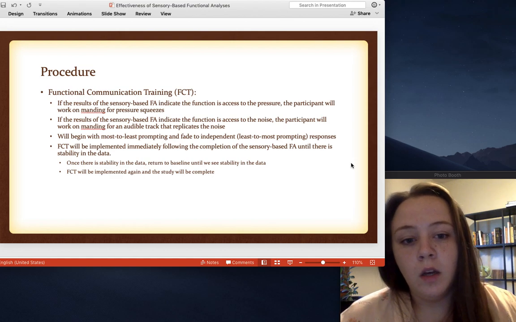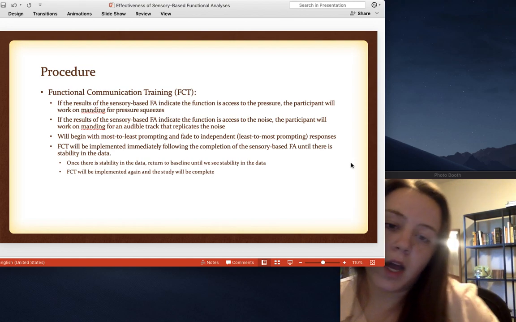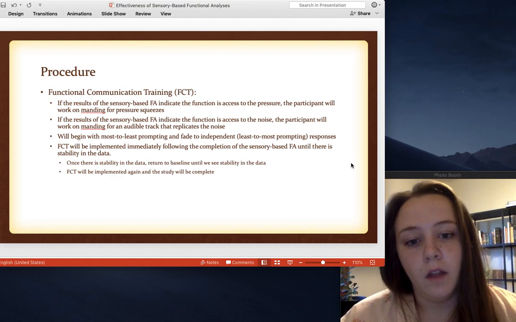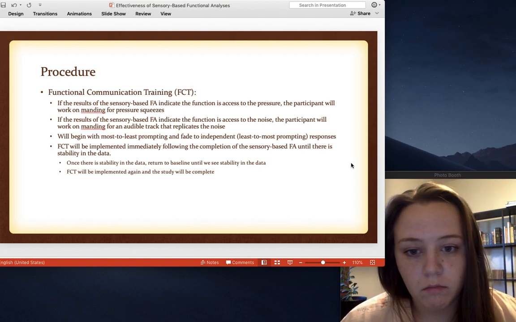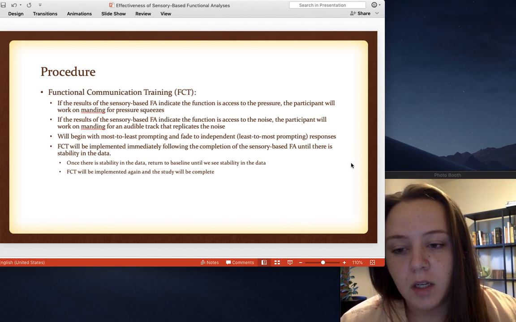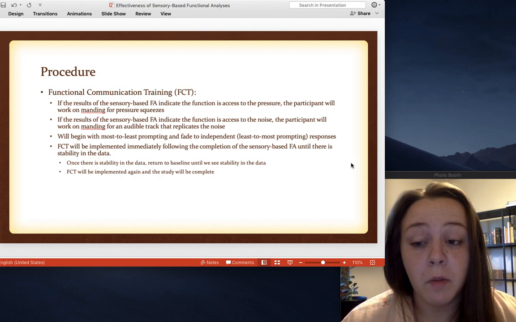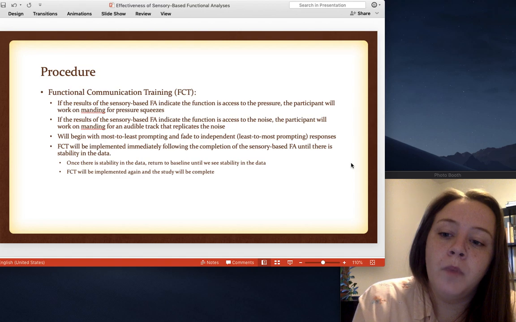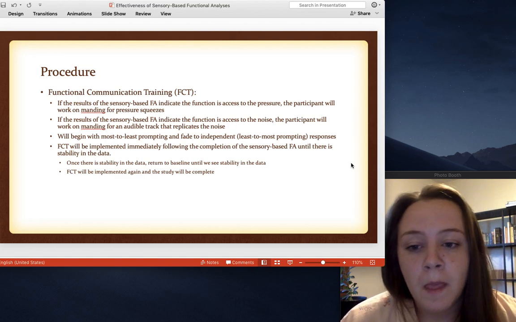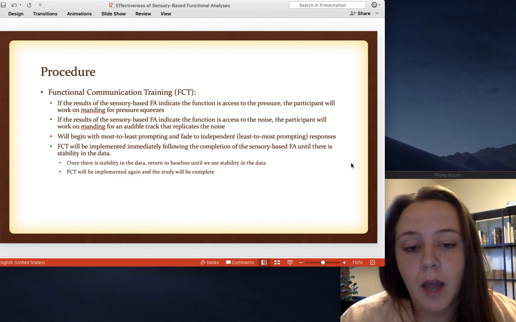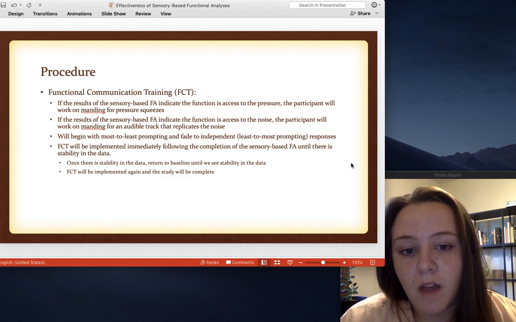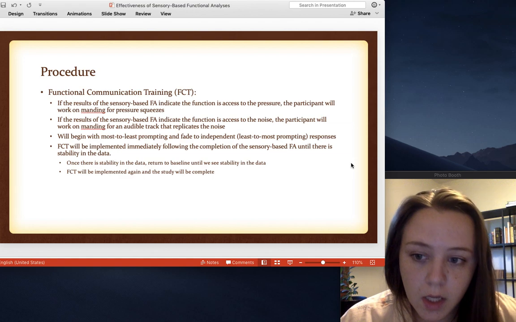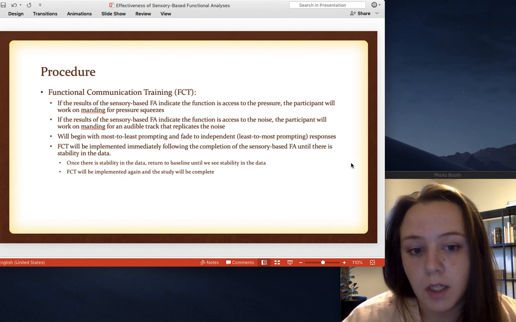And then we would fade that to independent and then start using least to most prompting for whatever their mode of communication is. And then the functional communication training will be implemented immediately after the sensory-based FA is completed, and we would continue with the FCT until we see stability in the data.